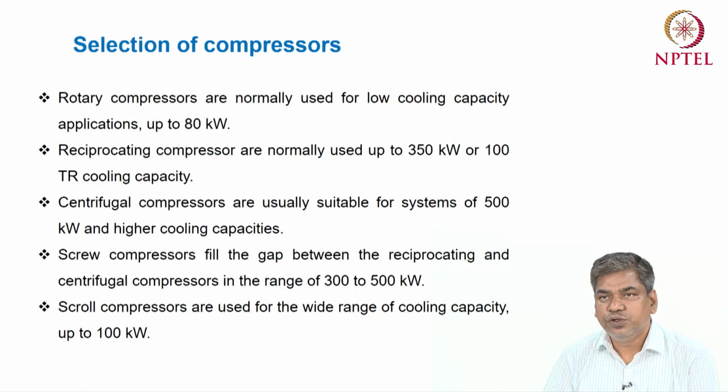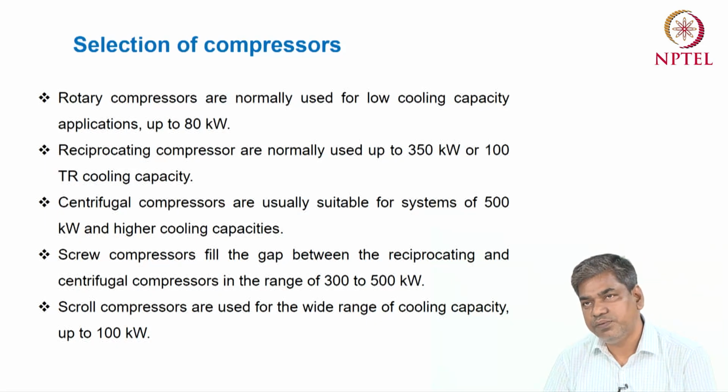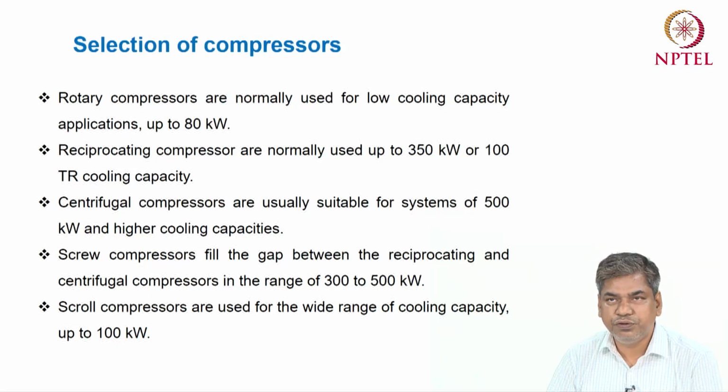So that means up to 80 kilowatt rotary compressor, then 80 to about 350 for the reciprocating compressor, and then for 350 to 500, screw compressors are used, and above that, for the high capacity, centrifugal compressors are used.